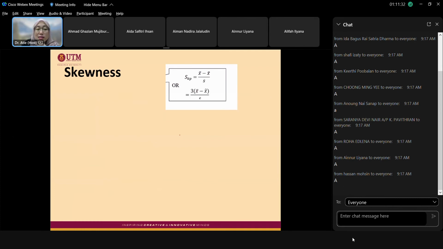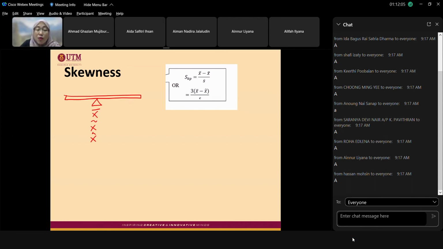The next one is skewness. The most important thing to have is a balanced data set. When we have a balanced data set, it means that the negative side and the positive side will be almost equal. As I told you earlier, the mean, the median, and also the mode should be at the center.